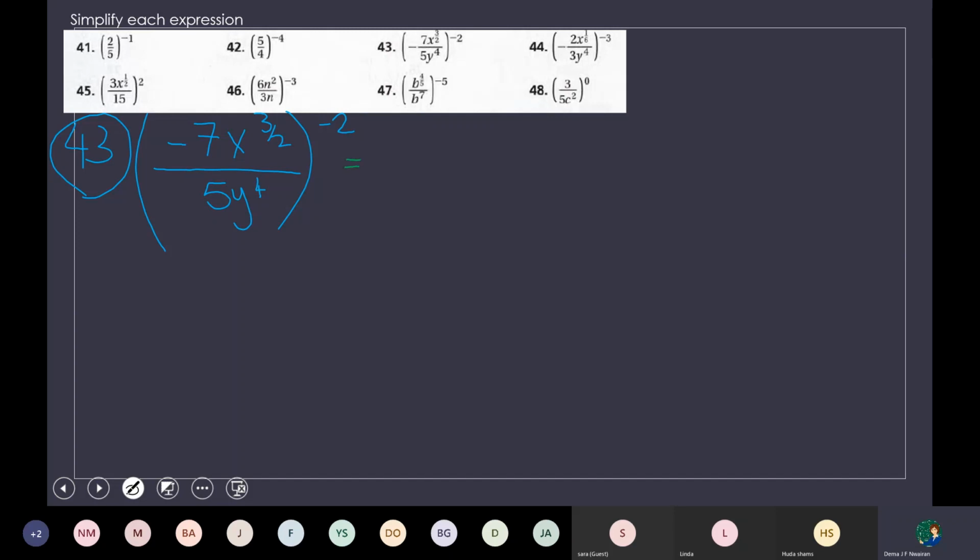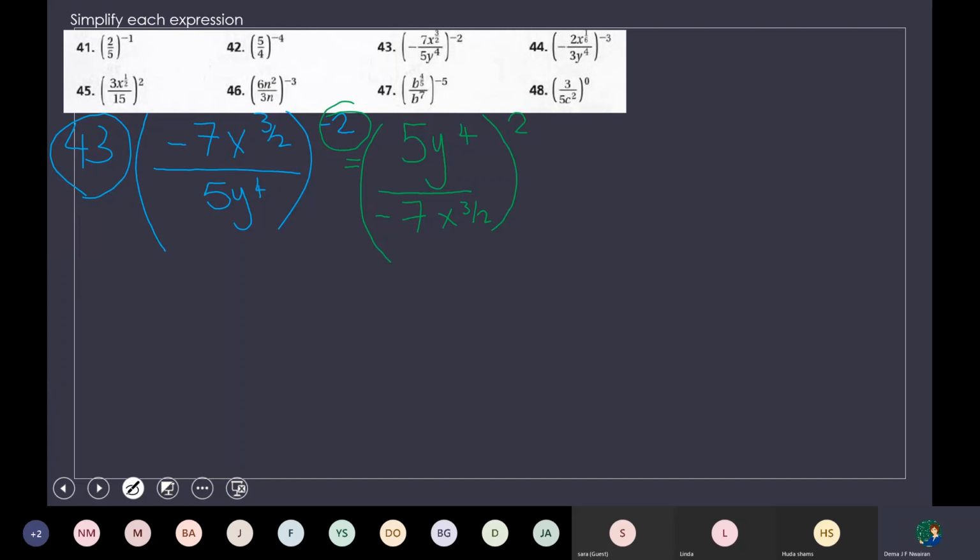The reciprocal will be 5y raised to 4 over negative 7x raised to the power 3 over 2. These are raised to negative or positive 2 now, after I write the reciprocal. After I wrote the reciprocal, the negative 2 will be positive 2.